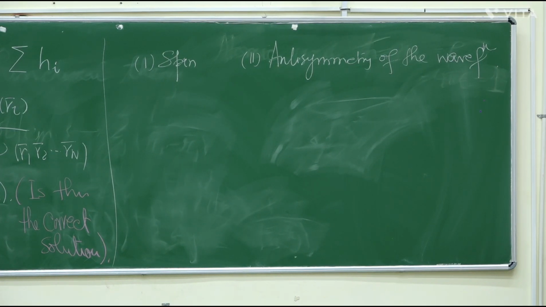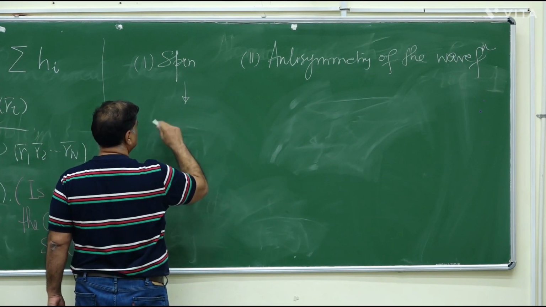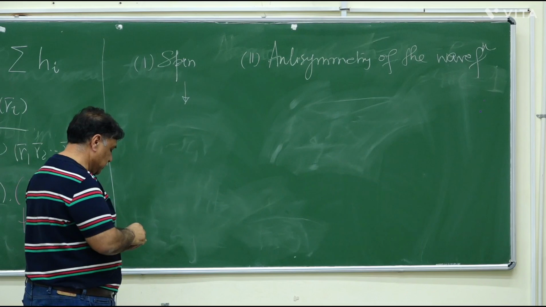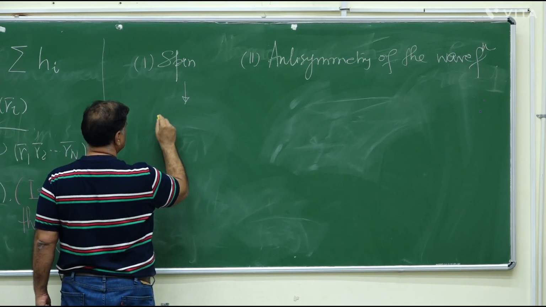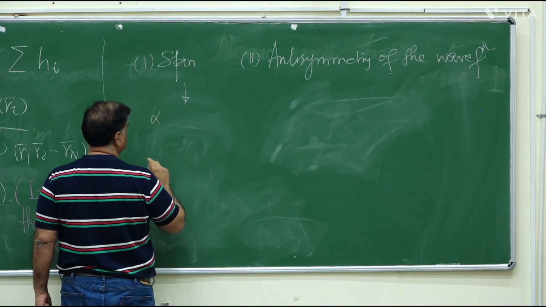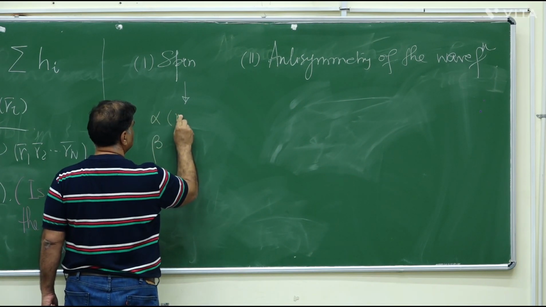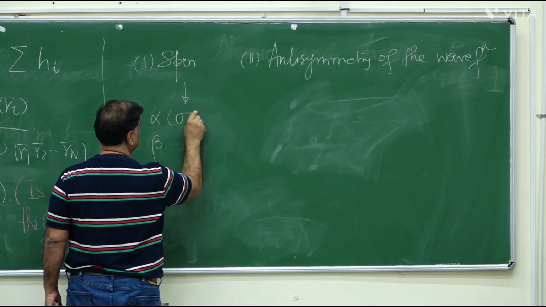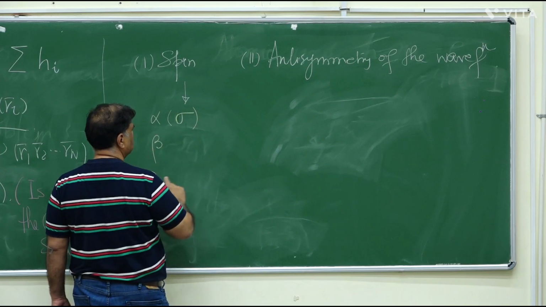So number one, I should write spin. There are only two variables. I'm also actually introducing notation through this. So in the spin part, I'm going to have some spin, I'll call them alpha and beta, and they're measured through some m_s. So let me write this as sigma, the more usual notation.